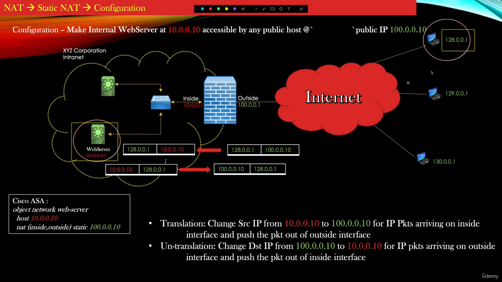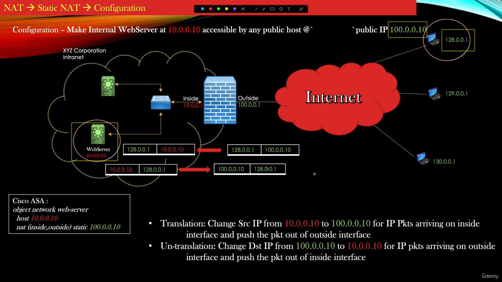But I want this public host to access the web server using public IP address 100.0.0.10, right? This public IP address is not assigned to any machine in reality. It is this public IP address that will be used in the network address translation configuration.